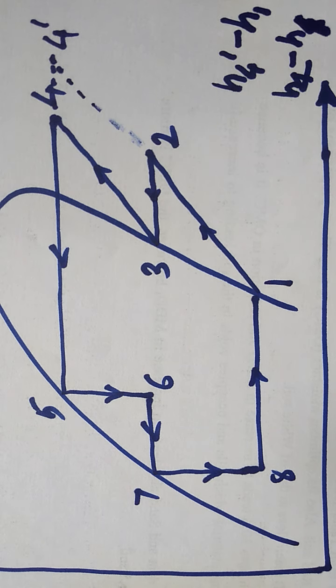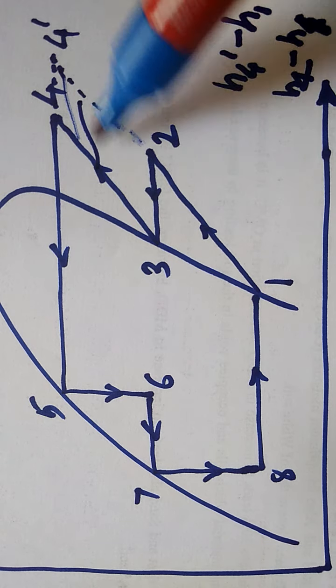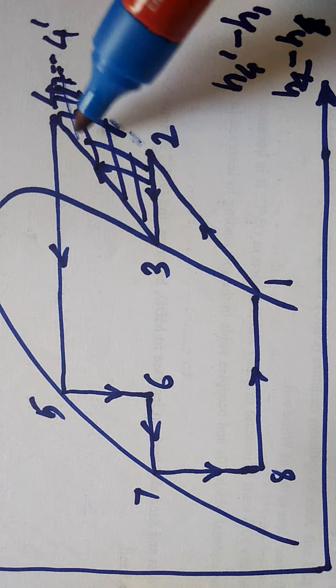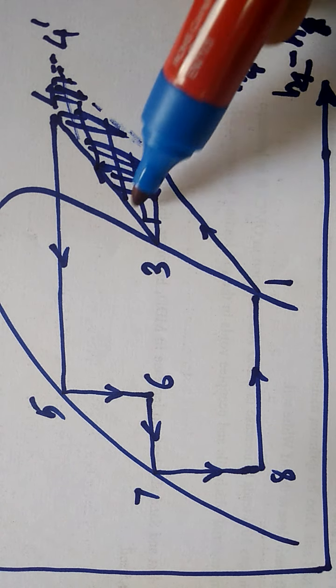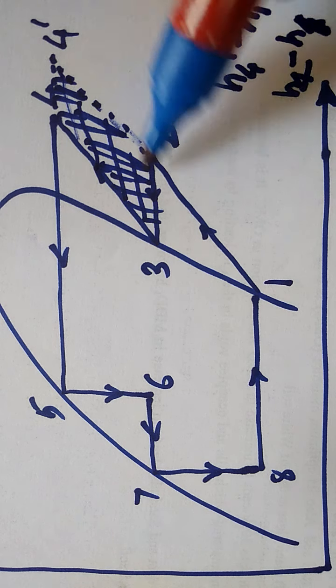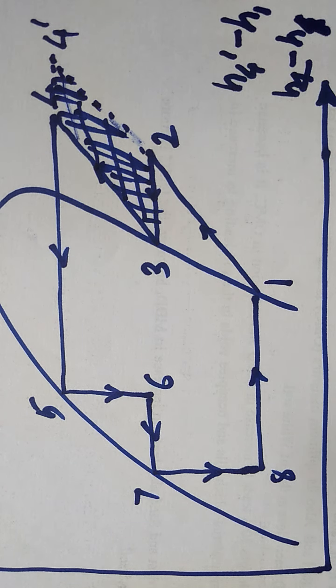If it is more than 4 to 5, then instead of using a single stage compression, a multi-stage compression is always preferred. So this is the advantage. That means there is a saving in this much work done. This much area is reduced on the p-h chart due to the multi-staging. So it indicates there is a saving in work done.